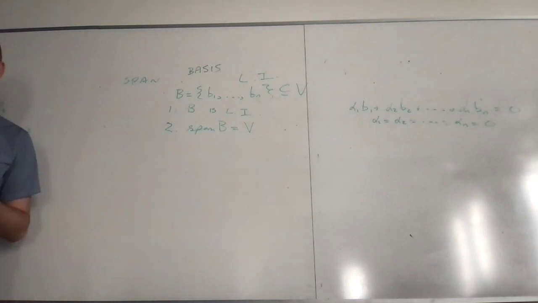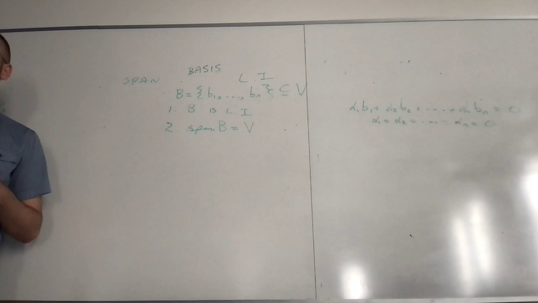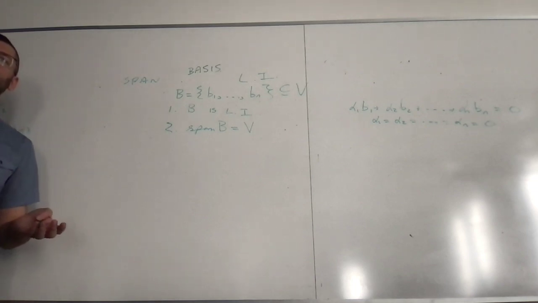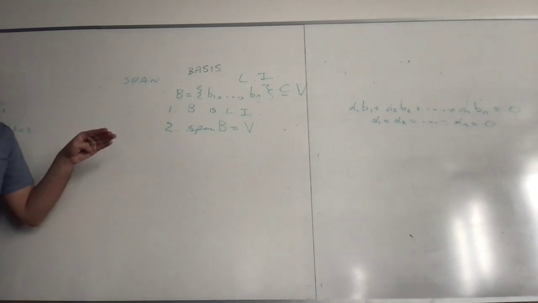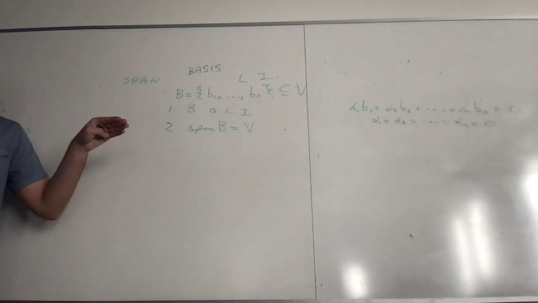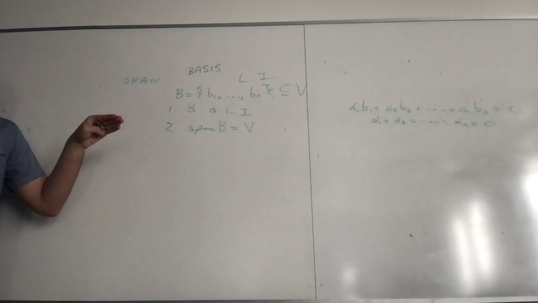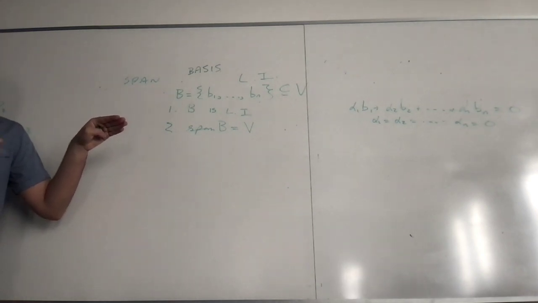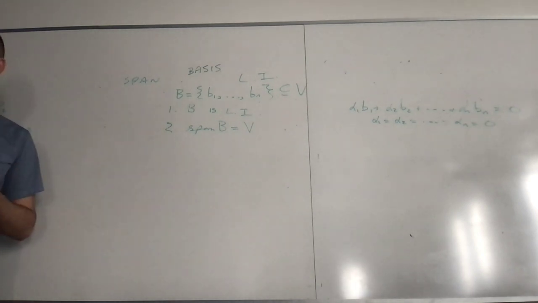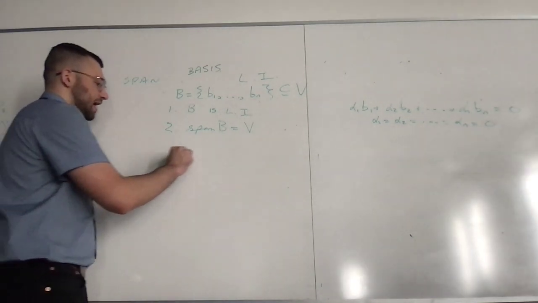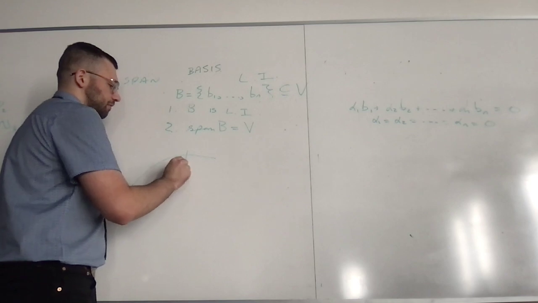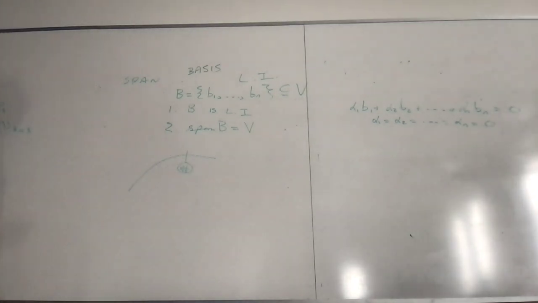If you add another vector, maybe it is linearly independent, maybe it isn't, but there's a point, a magic number of vectors, after which adding any more vectors is always going to be linearly dependent. Before that point, it could be dependent or independent.